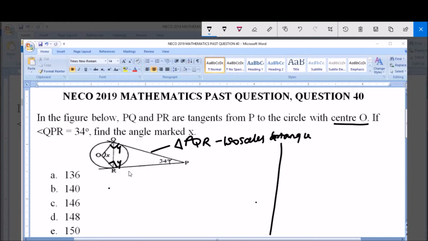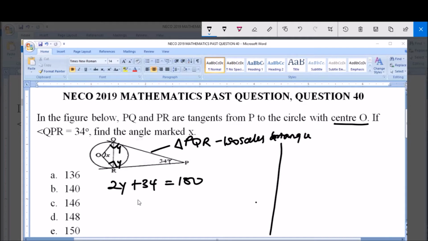Now to find this base angle, since we know that the sum of angles in a triangle is equal to 180, we can simply say that 2y plus 34 is equal to 180. Now we're talking in respect to triangle PQR, that is the sum of angles in a triangle.